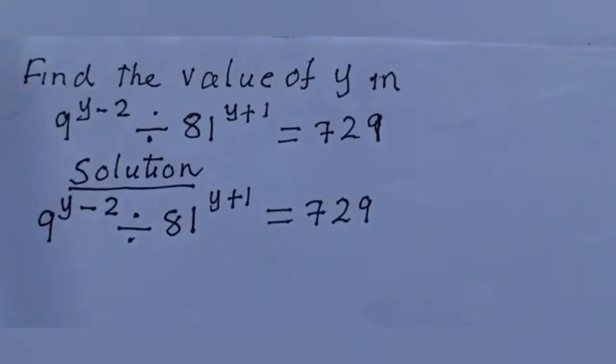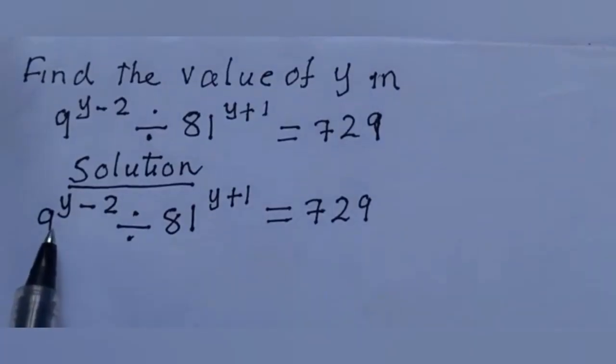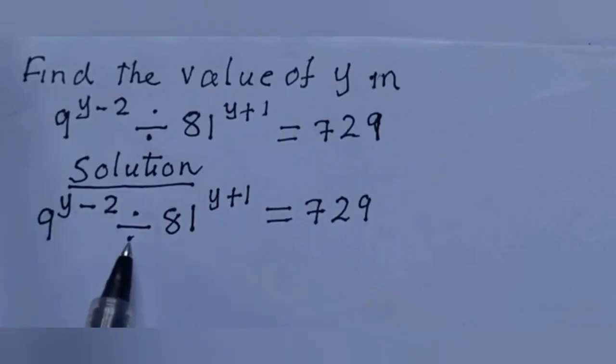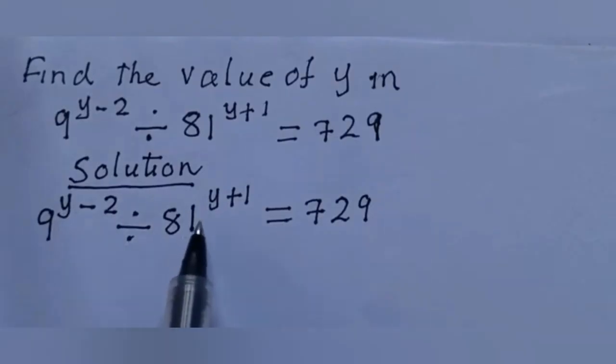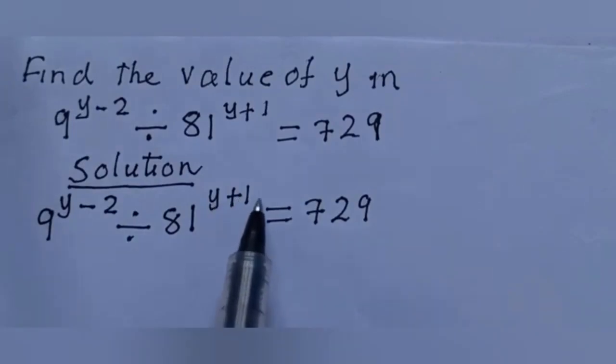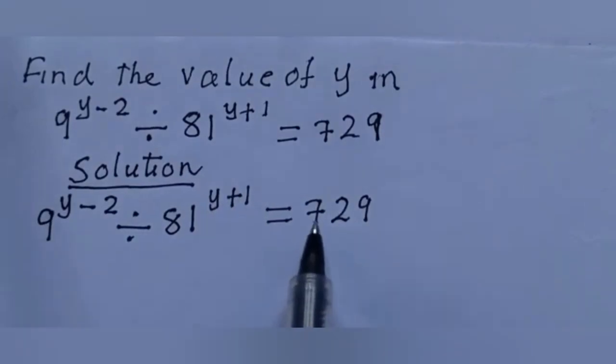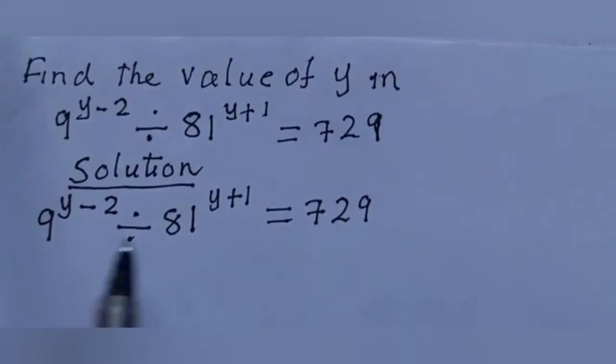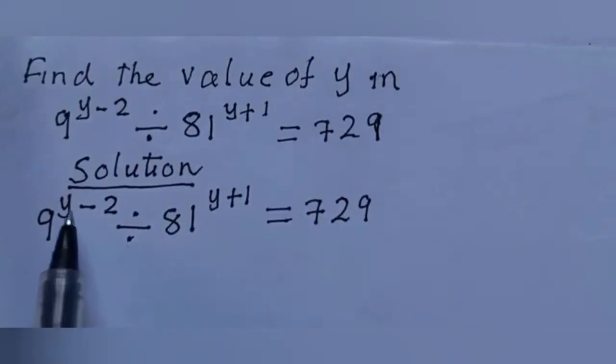Here we have the exponential equation, which is 9 raised to power y minus 2, divided by 81 raised to power y plus 1, equals 729. So here we're told to find the value of y.